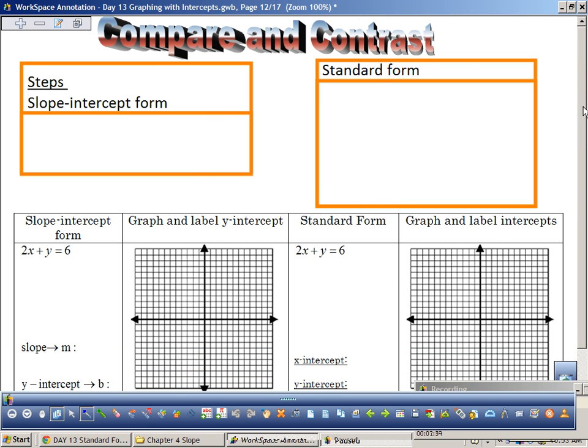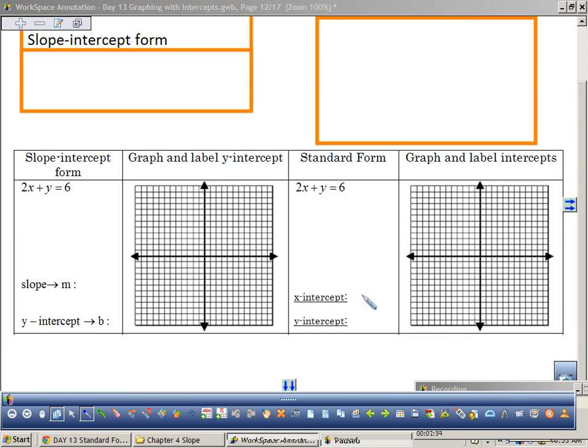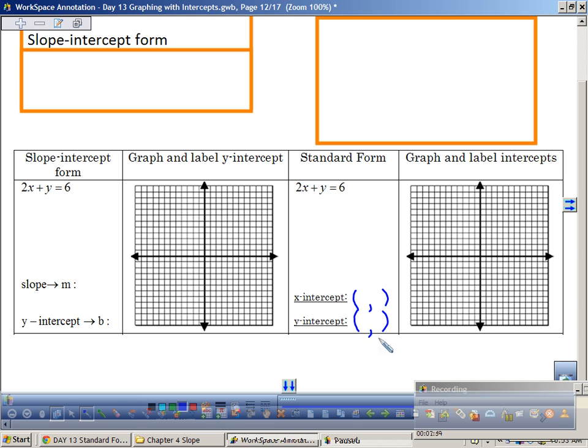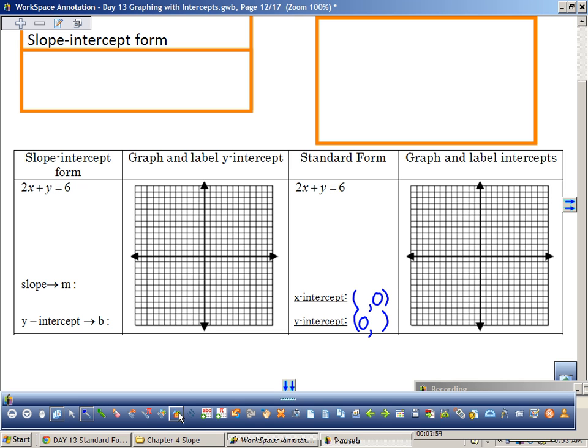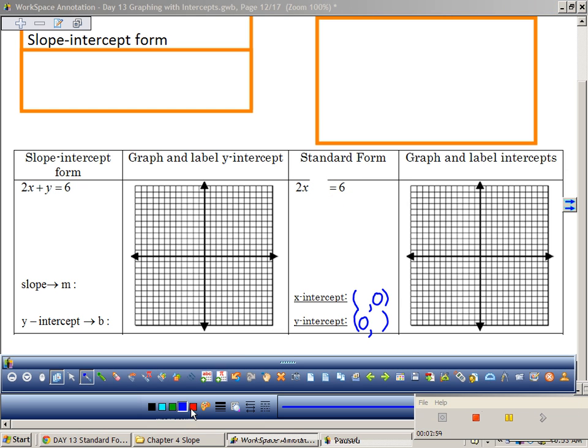All right, so in standard form, I'm trying to find my intercepts. What do my intercepts have in common again? They both have zeros. So if I want to find x, I'm going to make y 0. And if I want to find y, I'm going to make x 0. So let's cover up. If I want to find x, let's make y 0. 2x equals 6.